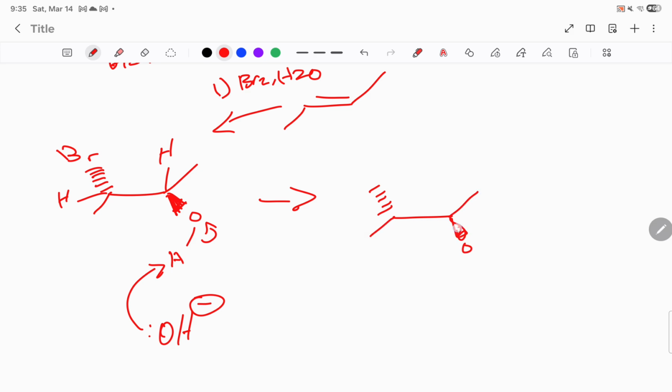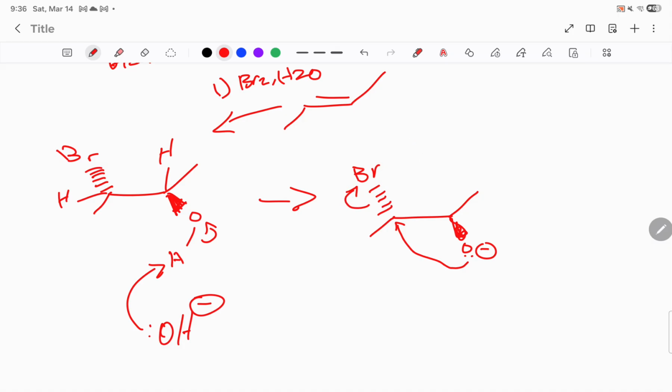I have myself a perfectly good O minus. Now this O minus is going to attack this carbon here. Why is it attacking that carbon? Well, this carbon is bound to this bromine, and this bromine is pretty electronegative, so it's delta minus, and this carbon is delta plus. So this intramolecular reaction occurs. And by the way, intramolecular reactions occur faster than intermolecular reactions, so that's one thing to keep in mind. And when this occurs, the bromine becomes our leaving group, right?